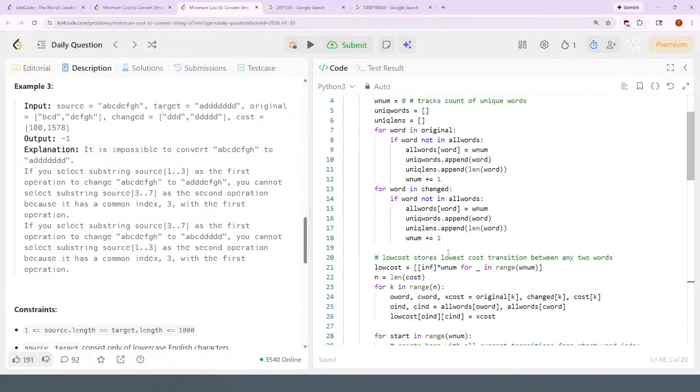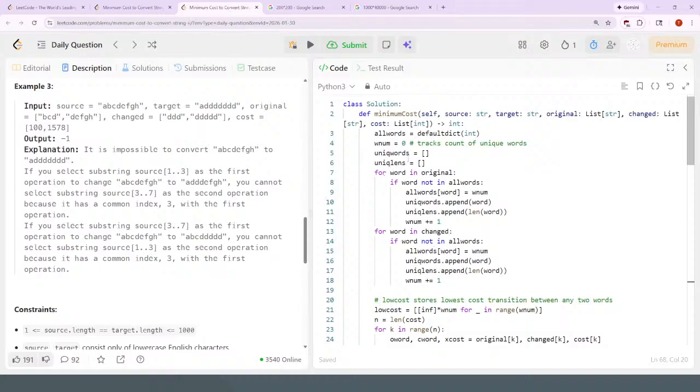So maybe unique length should be a set. Unique length should be a set. Add it to the set.